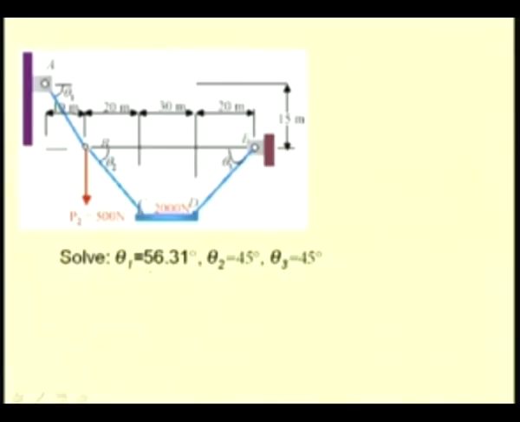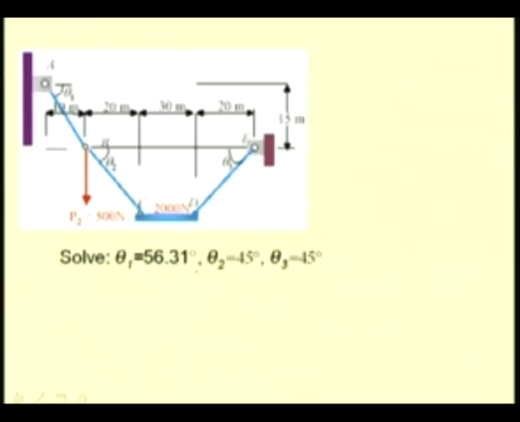Since our interest is only in the shape of the cable, so here after solving we have found these angles as theta 1 as 56.31, theta 2 as 45 degrees and theta 3 as 45 degrees.